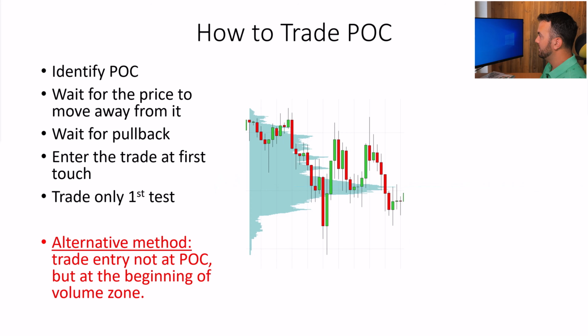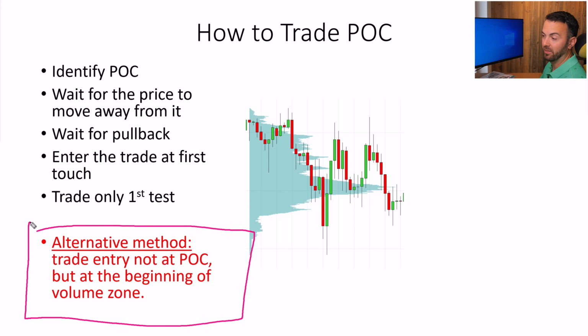Now, what I actually do, and what I currently prefer, is an alternative method. It's very, very similar, only you don't place the trade entry at the point of control, but at the beginning of the volume zone. Let me show you.